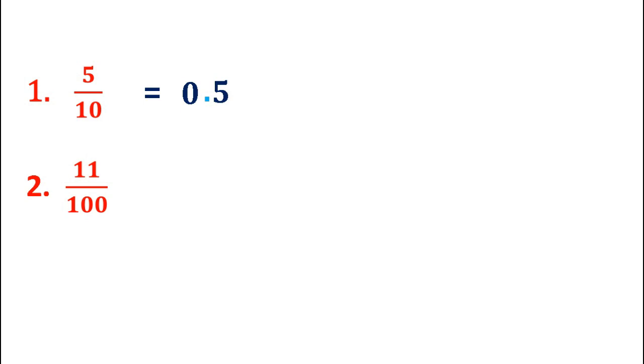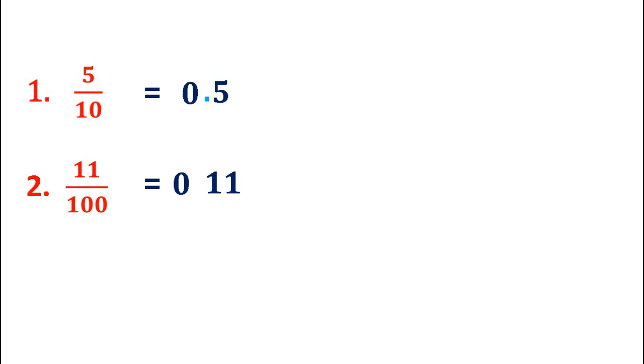Let us look at another fraction, that is 11 by 100. Here we can see that the numerator 11 is lesser than the denominator 100. So we first write the number 11 and then count the number of digits in the denominator. Since 100 has 3 digits and the number in the numerator 11 has only 2 digits, so we add a 0 to the left of 11.